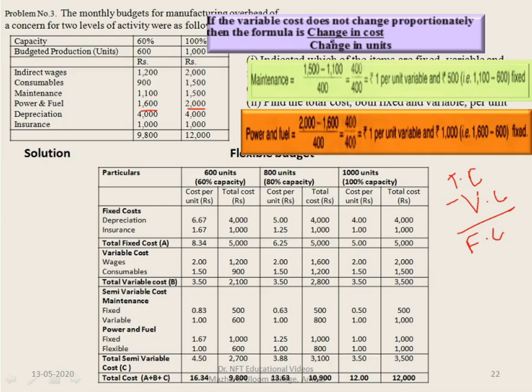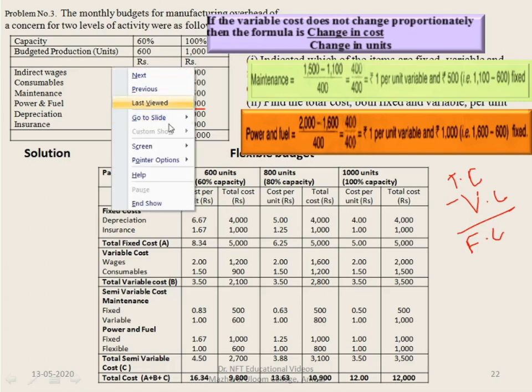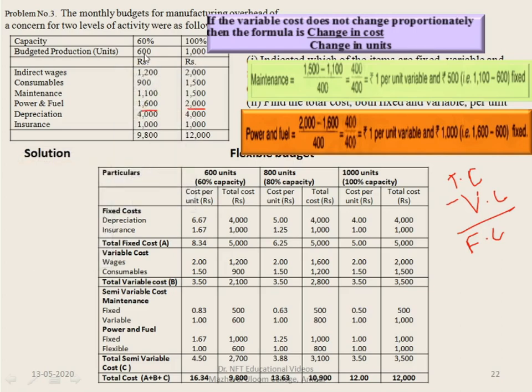Again, you have to apply the formula, change in cost divided by change in units. 2000 minus 1600, divided by change in units, which is 1000 minus 600, that is 400. So 400 by 400 is 1 rupee per unit.